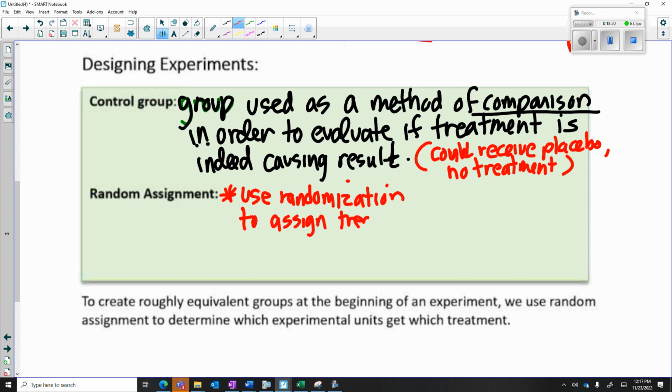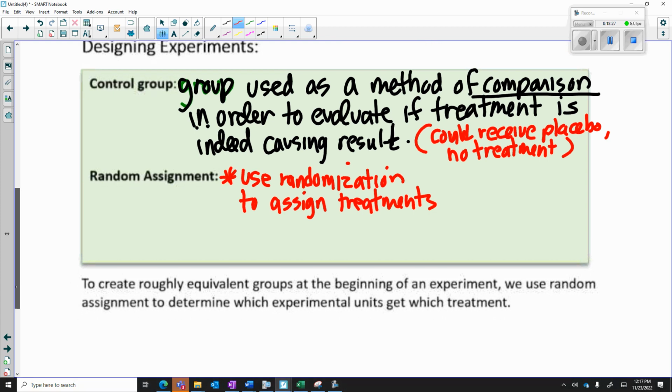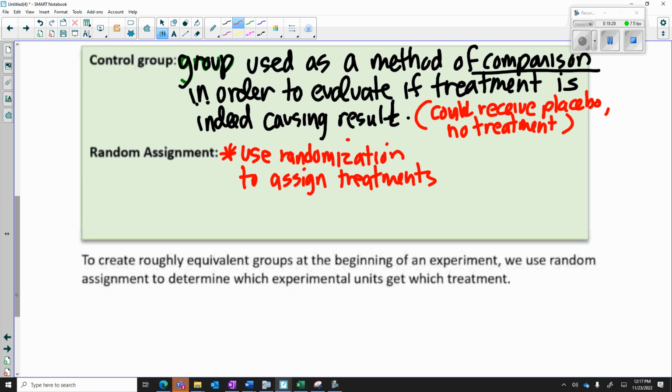And that's going to make things a lot more equal, because we're not going to deliberately or subjectively give one group the treatments and not the other. It's going to just use chance to do it. So to create roughly equivalent groups at the beginning of the experiment, we use random assignment.